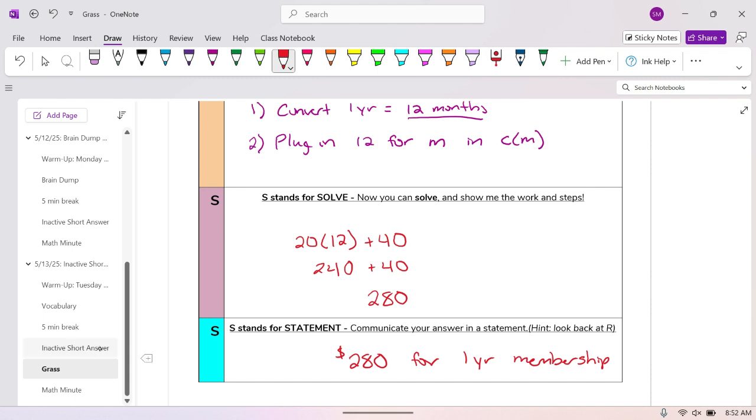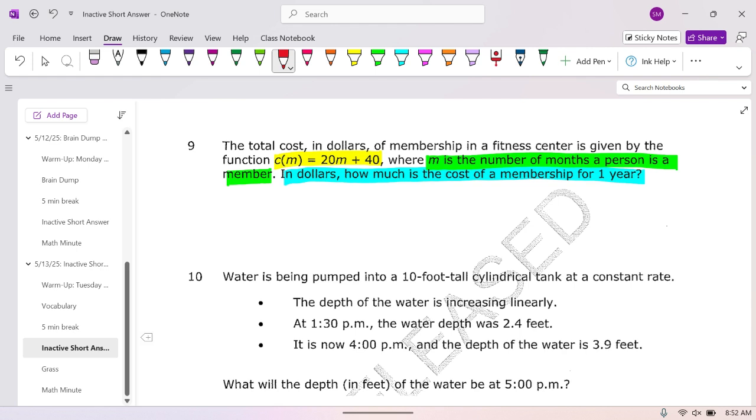Again, you would have 20 times 12 plus 40, that would be 240 plus 40, which is $280. Any questions on that one?